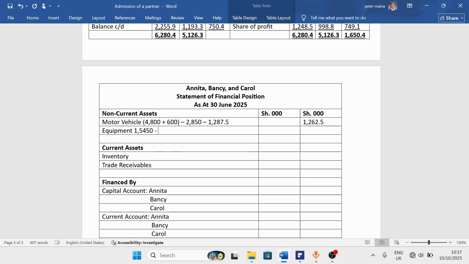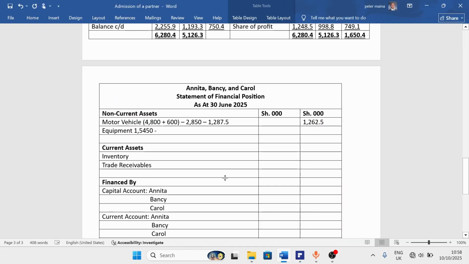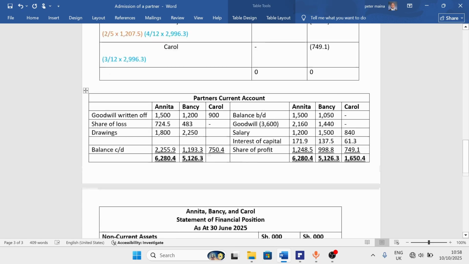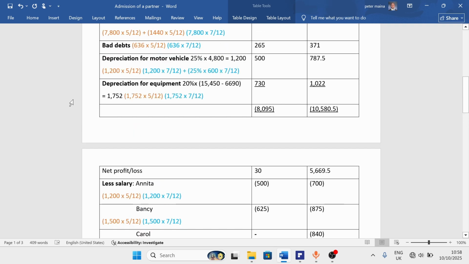15,450. First, we are going to deduct the accumulated depreciation on equipment, which is 6690. So let us deduct 6690, and then we are going to deduct depreciation for the current year, which we included in the profit or loss statement.